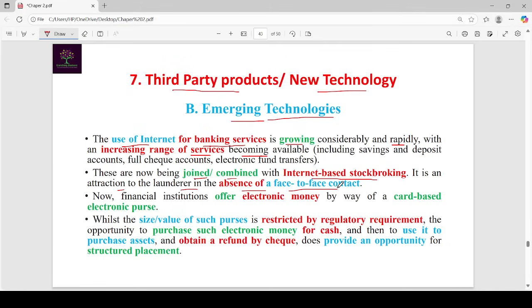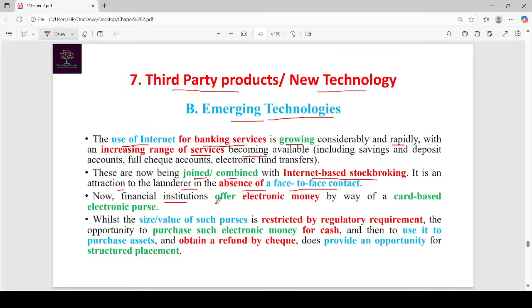After that, they sell those stocks and avail the funds from that stockbroking. Like this process, they inject their illegal money by buying stocks, and convert that illegal money into legal money after selling the stocks. So they use this method for their illegal activities.